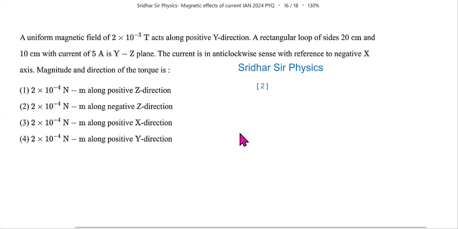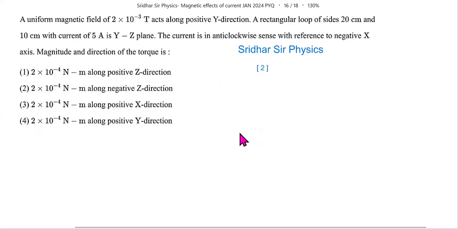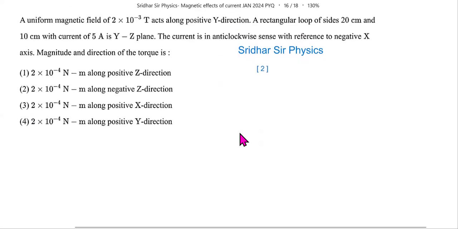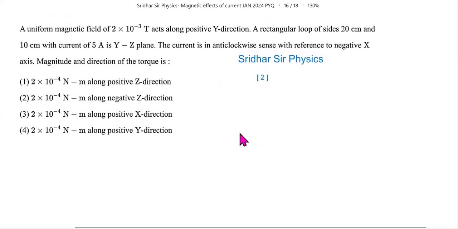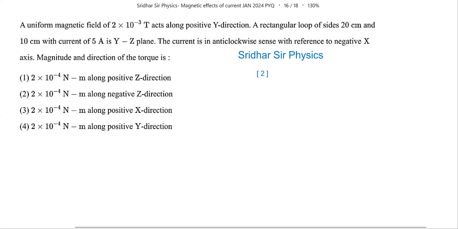Take the next one. A uniform magnetic field acts along the y direction. A rectangular loop of sides 20 centimeter and 10 centimeter, with a current of 5 ampere, is kept in the yz plane.